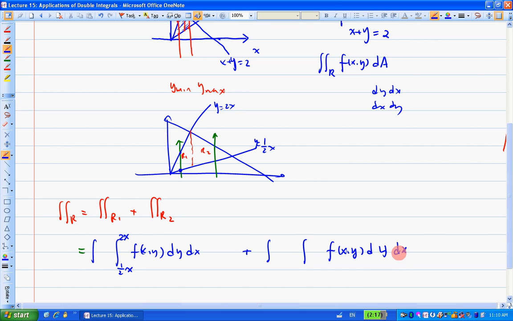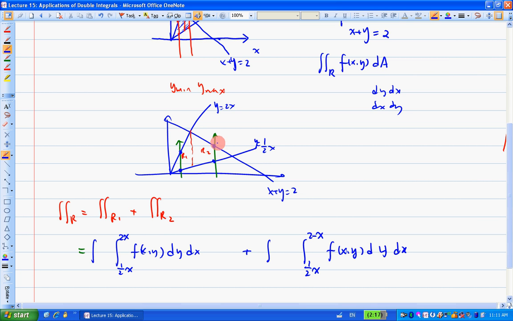For R2, this is the R2 region, the y min is here, which is 1/2 x. The y max is here, and that's x plus y equal to 2, so that's 2 minus x. Okay. So that's the limits for the y variable.